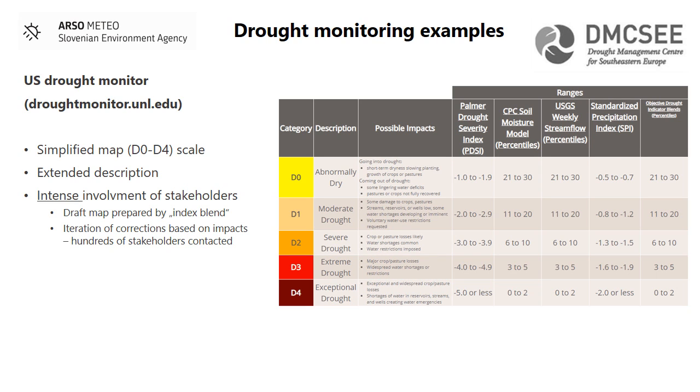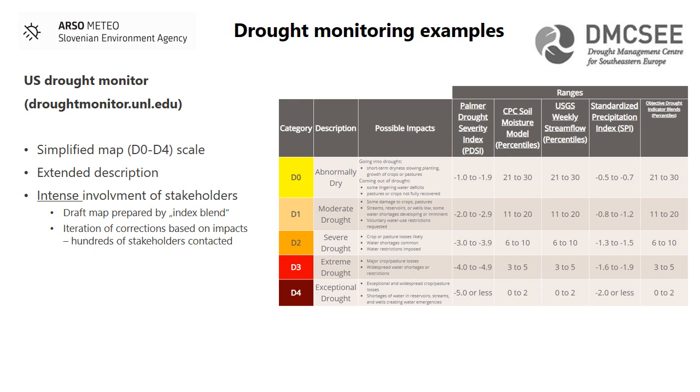Here is the standard precipitation index that you already know, the soil moisture anomaly, and the Palmer Drought Severity Index, which is somehow connected to the surface water balance. So a bit more complex, but it's similar to water balance anomaly. And this kind of indicator blend is used for preparation of the draft map, so the first version of the map.